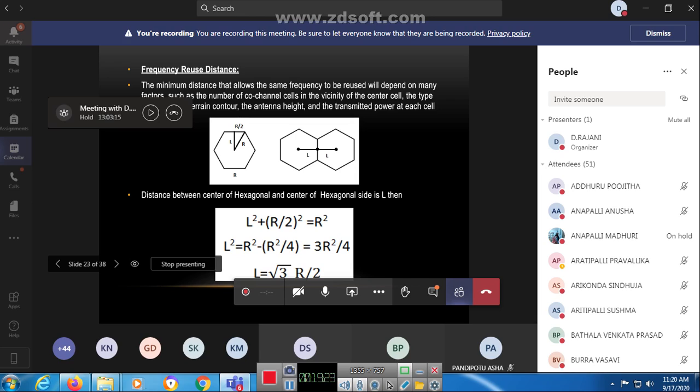The distance between the center of the hexagon and the center of the hexagon side is L. Then we simplify this: both sides will be equal to R square. Then L is equal to square root of 3 into R by 2.